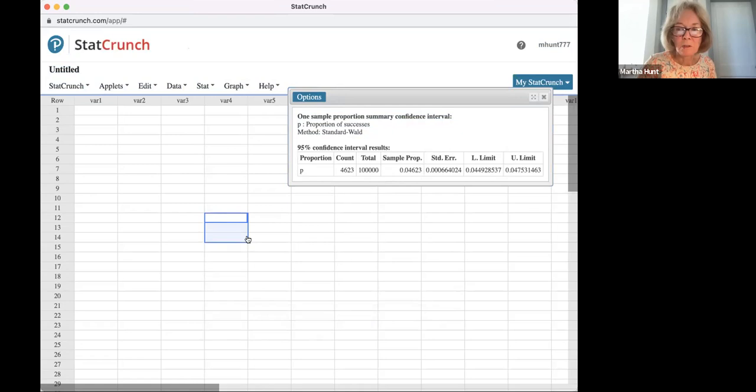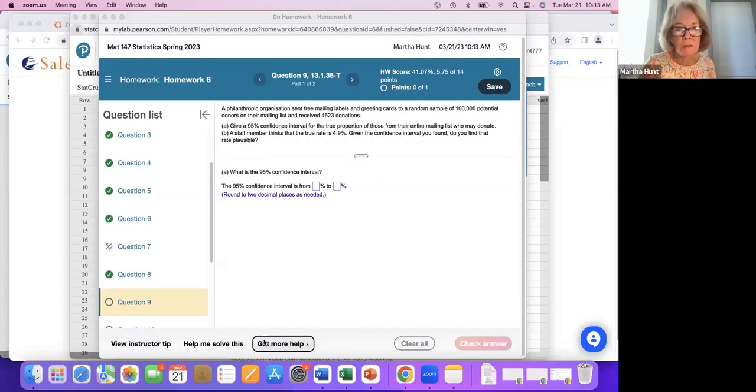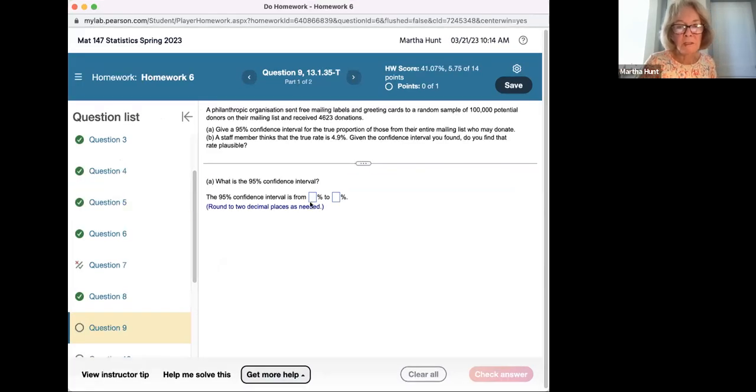Okay, close out of this. See if I can move this. Yep, I'm going to close out of this. And we're going to do a new screen share, which is the problem itself. Here's the problem. You can see it.